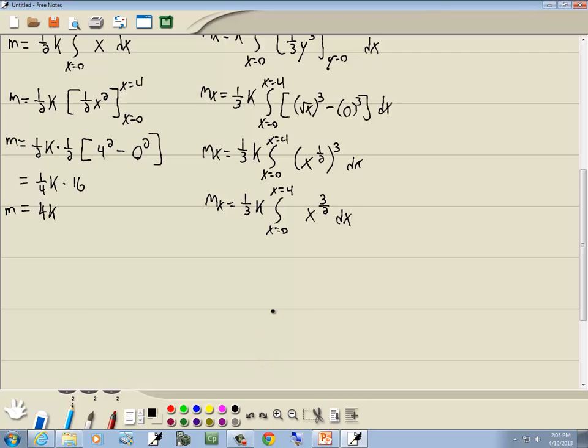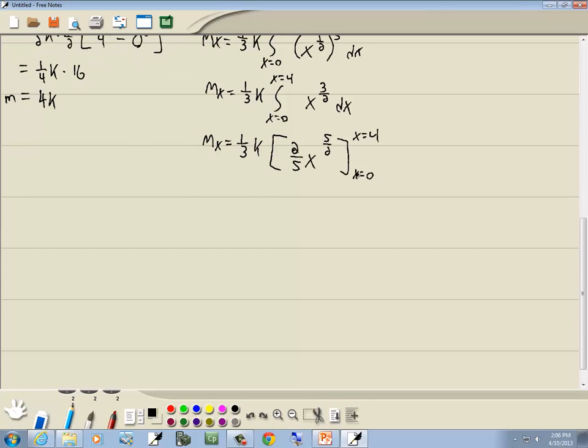And now we're ready to take this integral. So I got the 1/3 k carrying down. Now we'll add 1 to our power, divide by our new power. So we're going to have 2/5 x to the 5/2 from x equals 0 to x equals 4. Now 2/5 I can put out in front.